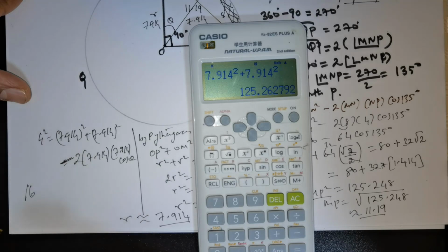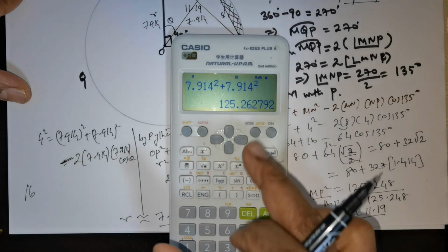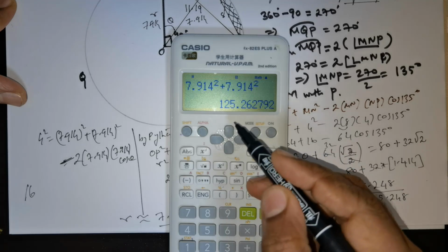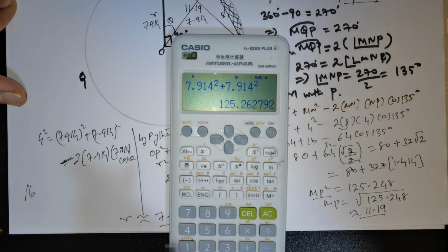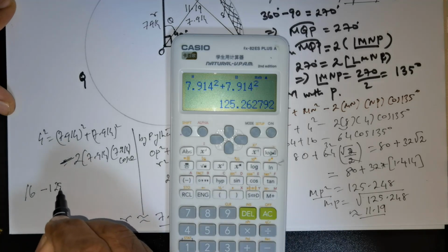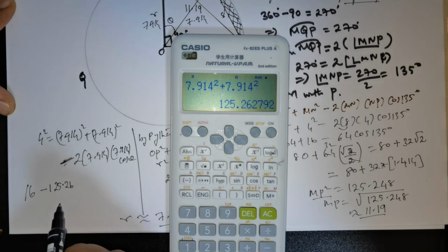So you push this from 16, you need to subtract this. So I take away 16 out of this. So what do I get? First let me write down the value, 125.26. I'm not going to take any further digits.